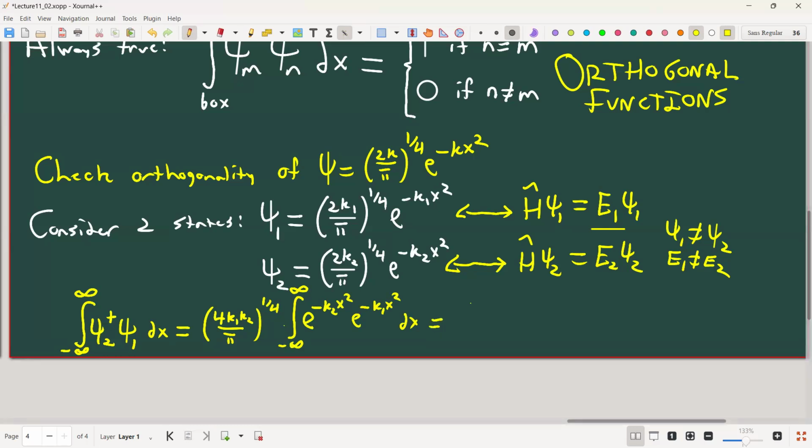We can use some rules for exponents: the product of two exponentials is the sum of the exponents. So this is the integral from minus infinity to infinity of e to the minus (k1 plus k2) x squared.